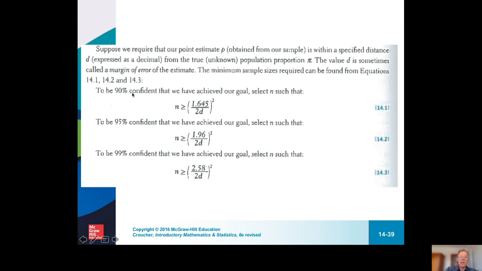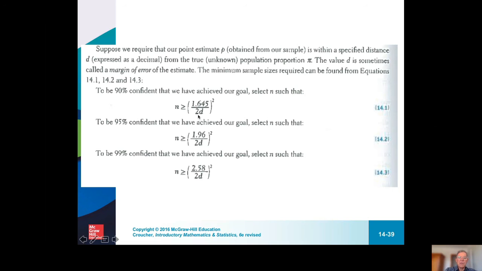If we wanted to be 90% confident that our sample is indicative of the population, we'll use this factor of 1.645, which will make more sense when we come to the normal distribution in a few weeks' time. And for 95% we'll use this 1.96 figure, and for 99%, 2.58.